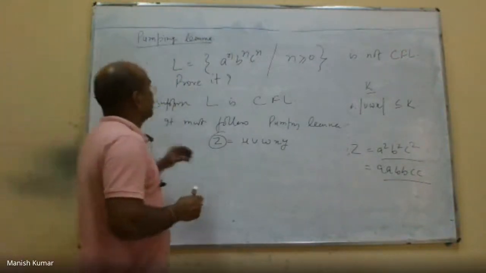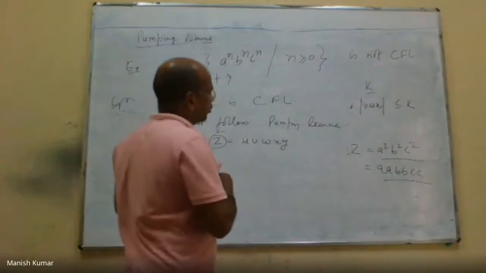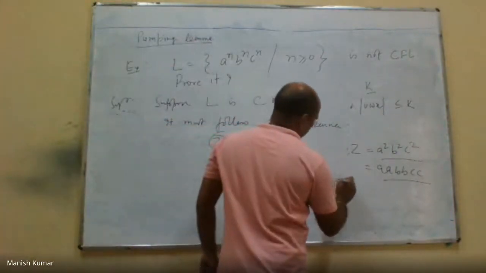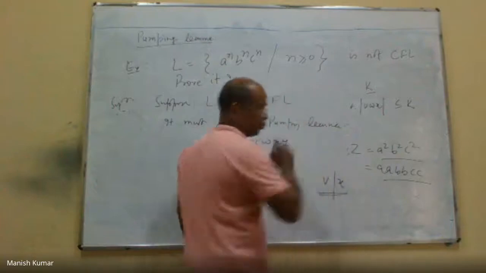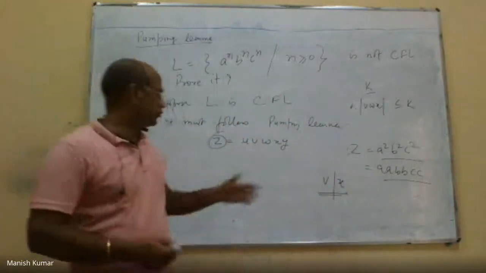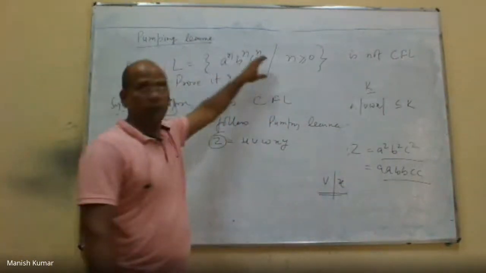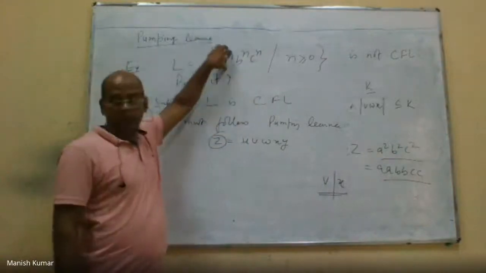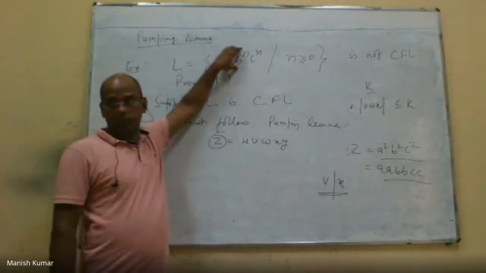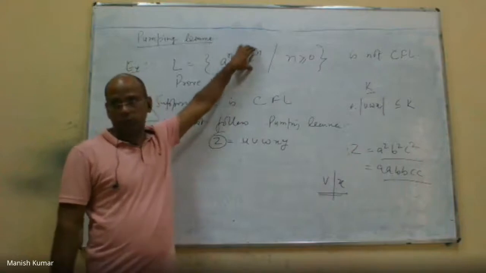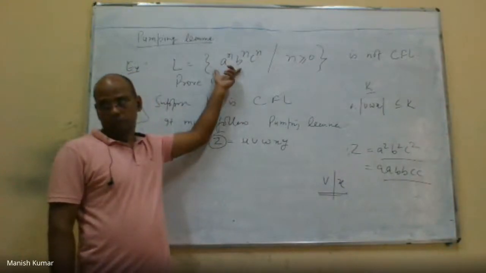Because when you talk about V and X, these need to be pumped, so V and X could be anywhere. It could be in A only, in B only, in C only, or in combinations also.